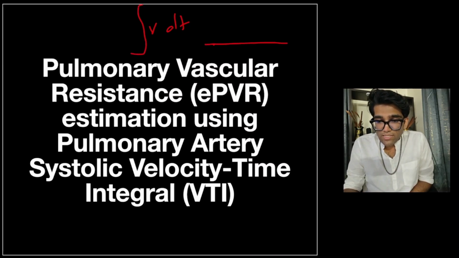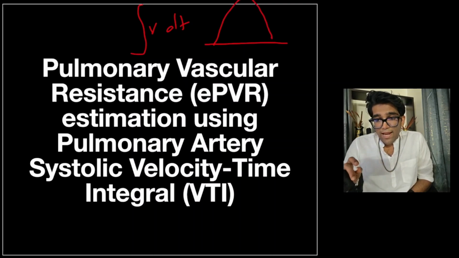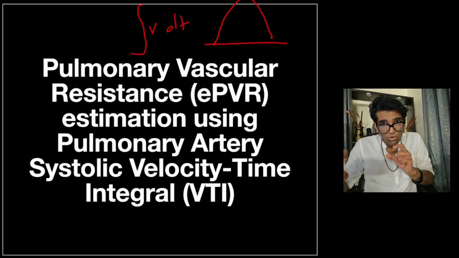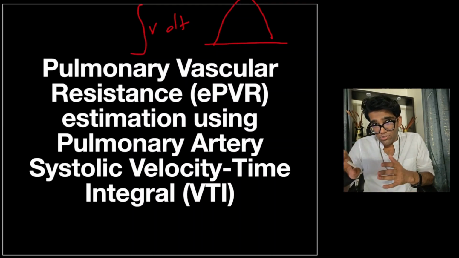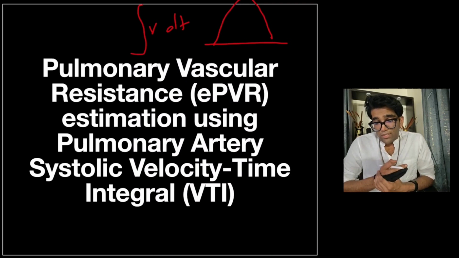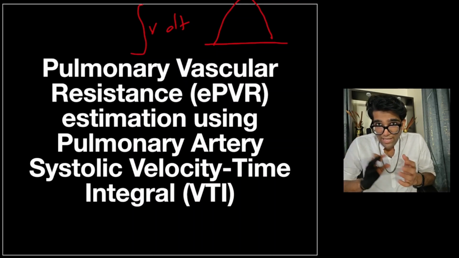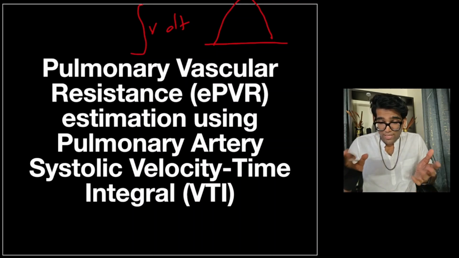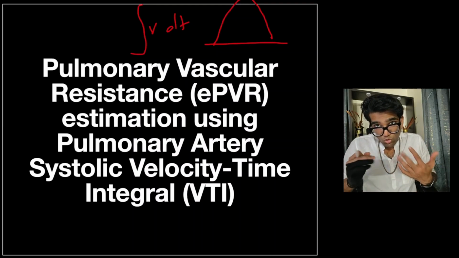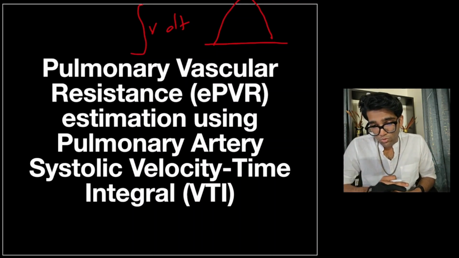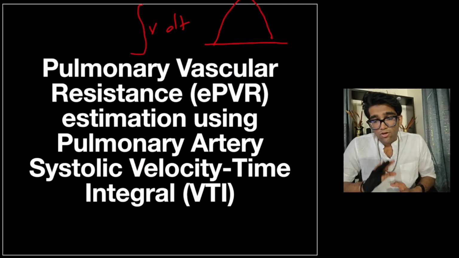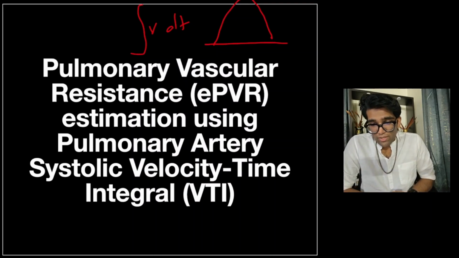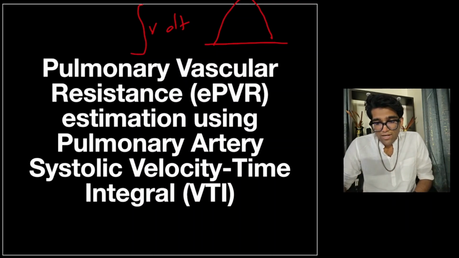Say this is the ejection curve, it is the area under this curve, and essentially this was the length of the cylinder that we were ejecting into the aorta. And if the LVOT diameter gave the area, area times length would give you the volume of the cylinder, allowing you to calculate the stroke volume. The same principle applies here. Here also we can assess the RV stroke volume, and if we multiply that stroke volume by heart rate, we get a cardiac output.